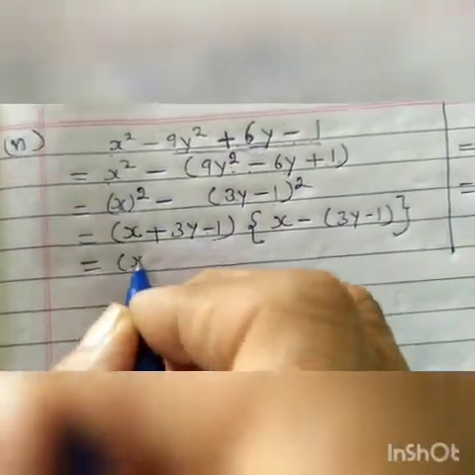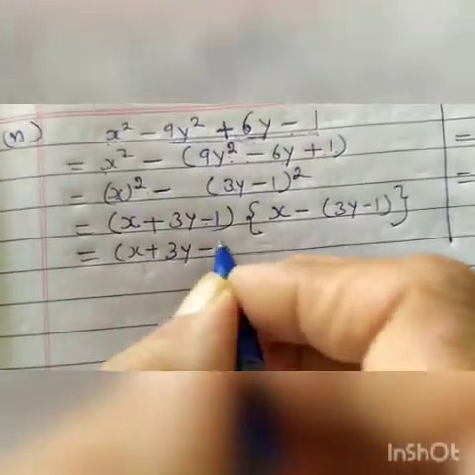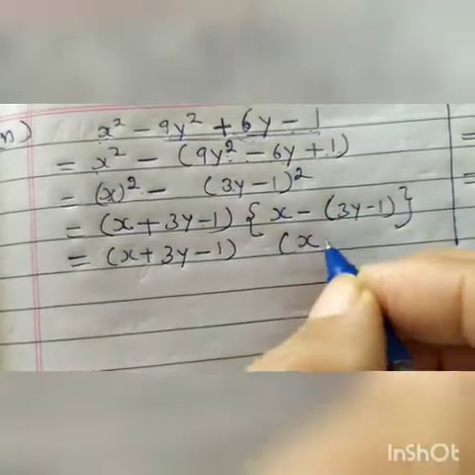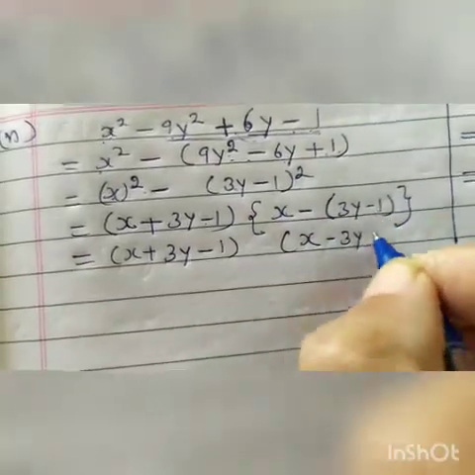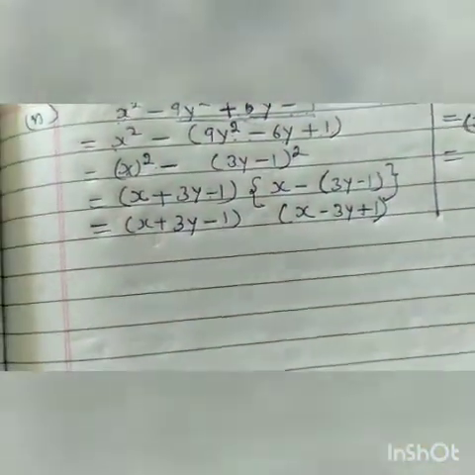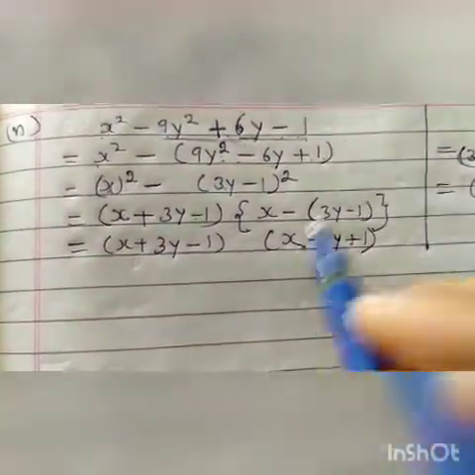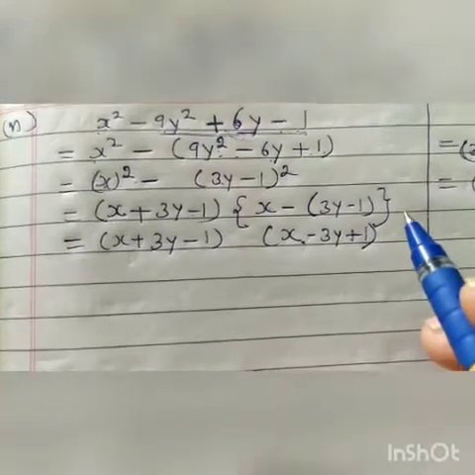So it will be (x plus 3y minus 1), and this is (x minus 3y plus 1). This plus 3y will be minus 3y, minus 1 will be plus. In one question we have used two identities, first and third one.